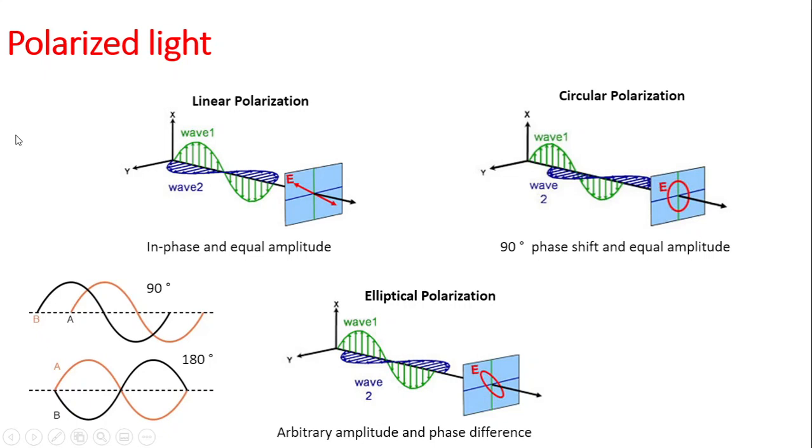Light, as we know, is an electromagnetic radiation, meaning it has an electric field component and a magnetic field component. For the case of ellipsometry, you consider only its electric field component.